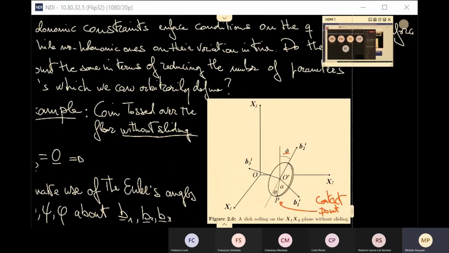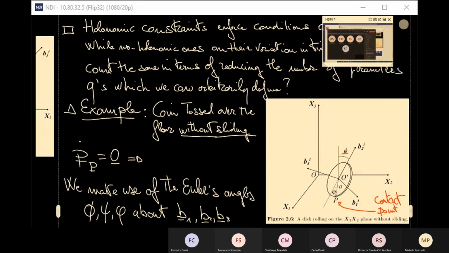How can we do that? We can say, for example, that R3, which is the vertical component of the vector which goes from O to O prime, must be equal to what? If A is the radius of the coin.